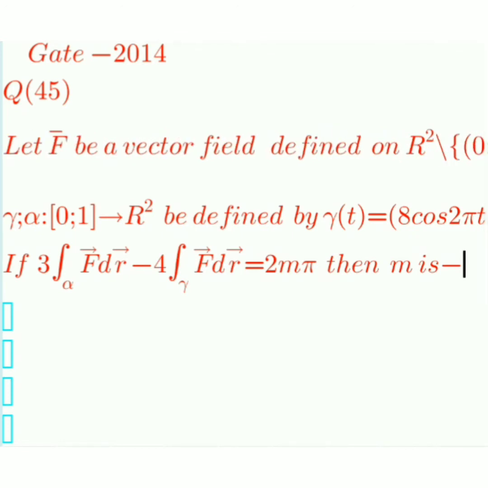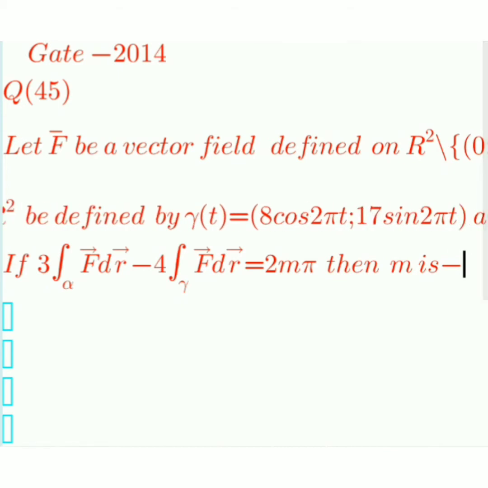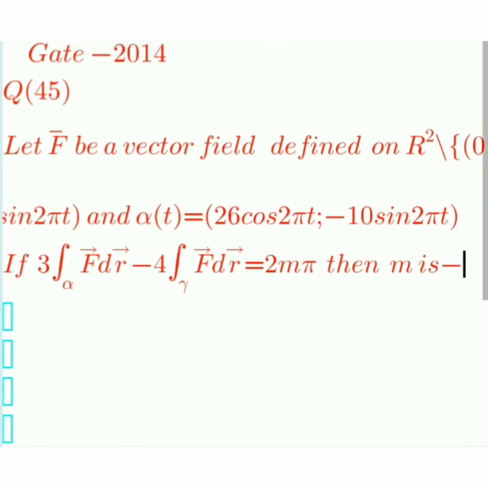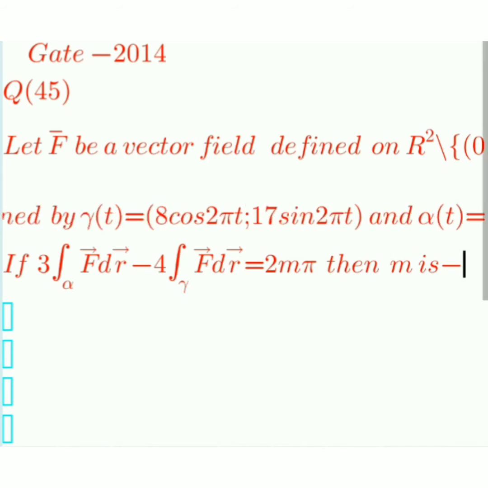And gamma and alpha, from 0 to 1 into R squared, are defined as gamma(t) = (8 cos 2 pi t, 17 sin 2 pi t) and alpha(t) = (26 cos 2 pi t, minus 10 sin 2 pi t). So friends, the paths are given.